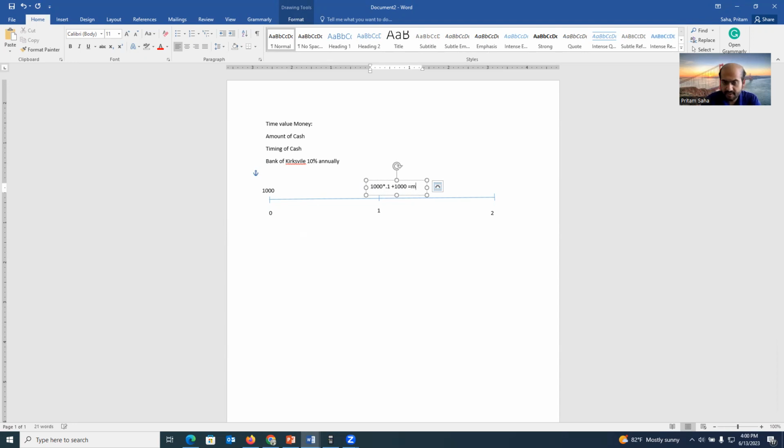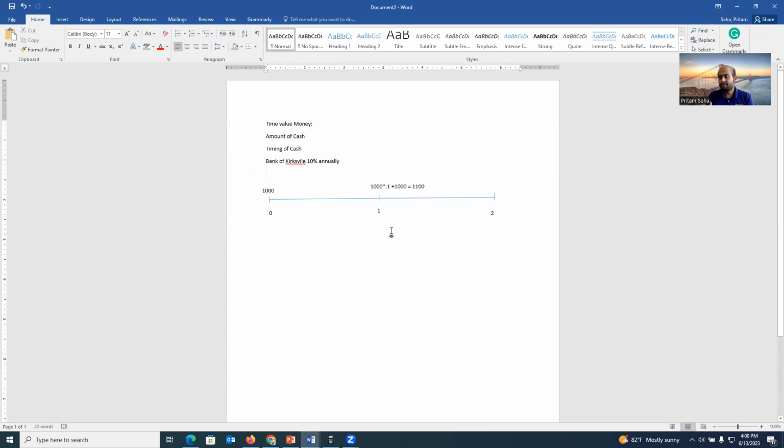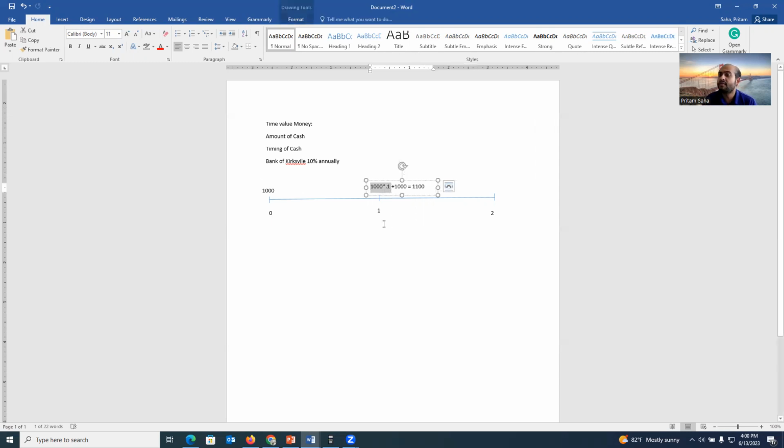Which is $1,100. Now, do you still think I don't need the money for any expenses right now? Doesn't matter, today versus 1 year later. You still think you want to say to your friend, hey, give the money back 1 year later? If you say that, you are losing $100 interest on your investments.